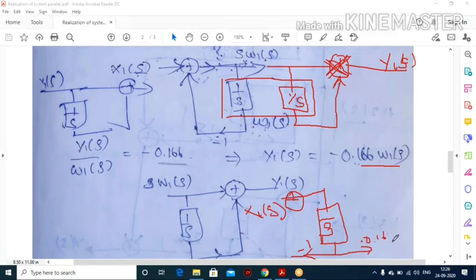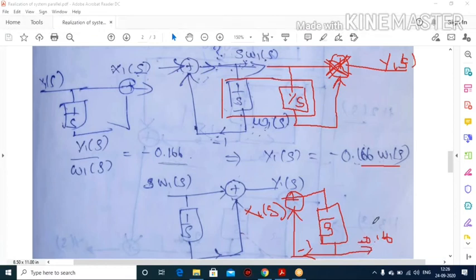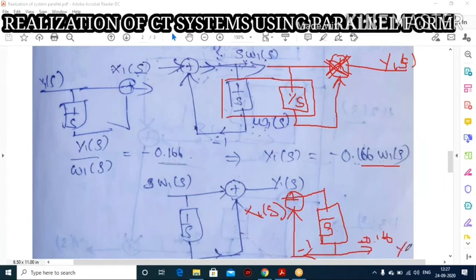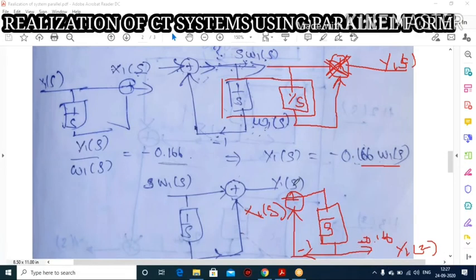So this block will be connected here. But in this portion, no need to go in the upward direction, because it directly reaches Y1 of S. So I take this line itself down as Y1 of S. So this is the procedure to solve the direct sum method for the first subtransfer function.